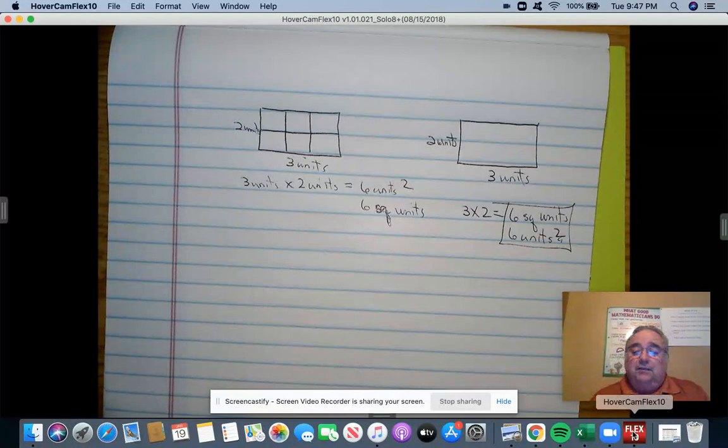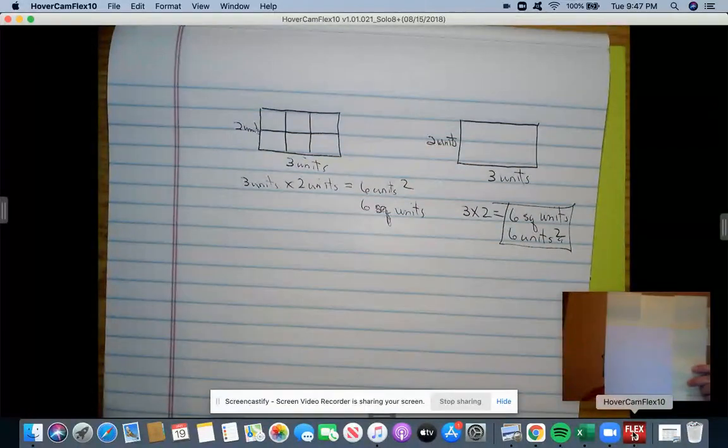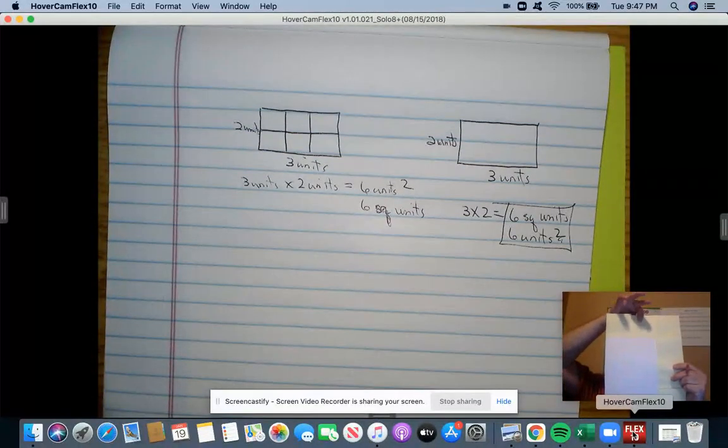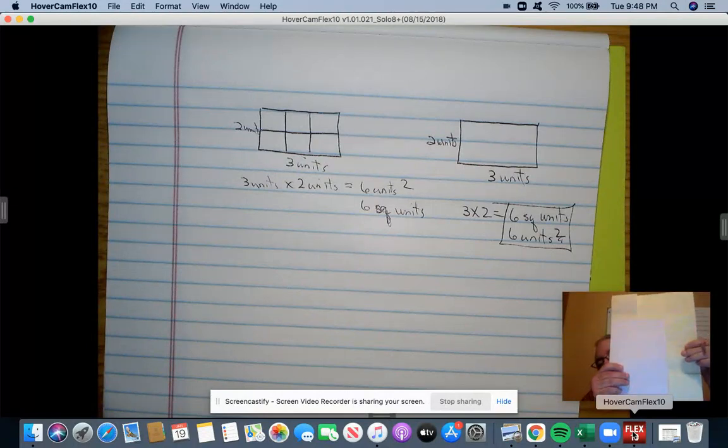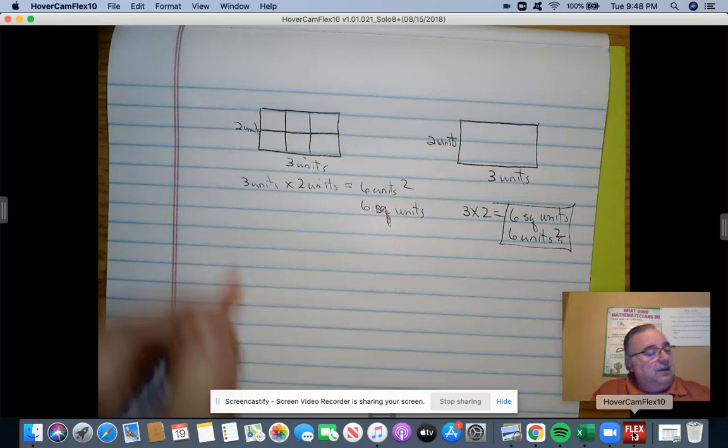Now you're going to help me get how many square units can I fit in this rectangle. This rectangle has 1, 2, 3 square units as my length, and 1, 2, 3, 4 square units as my width.